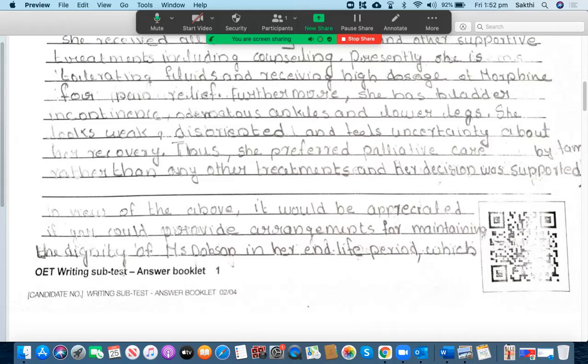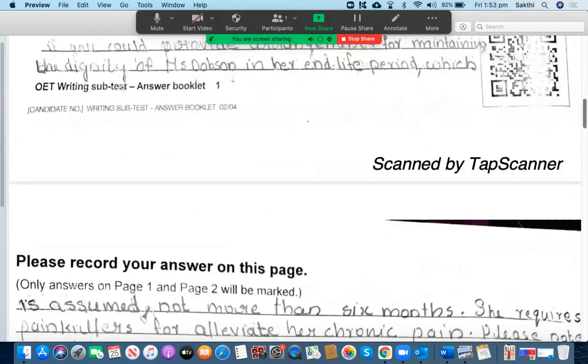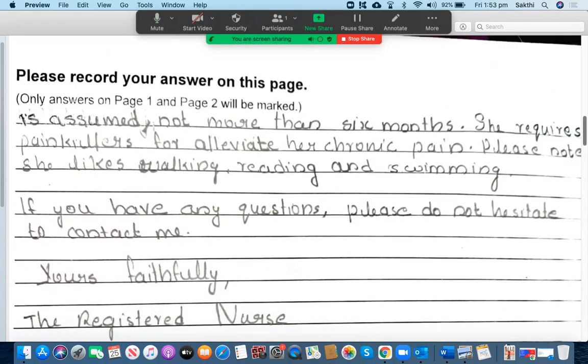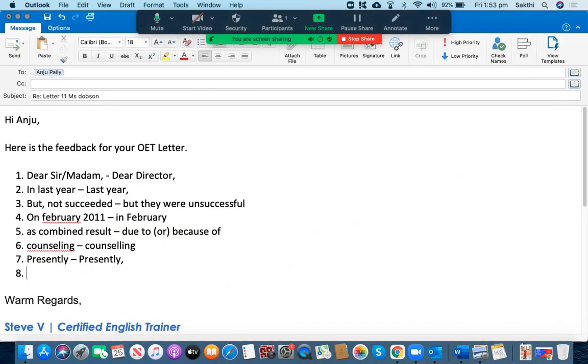All right. In view of the above, it would be appreciated if you could provide arrangements for maintaining the dignity of Miss Dobson in her end life period, which is assumed not more than 6 months. Okay, so you shouldn't mention a comma over there after assumed.